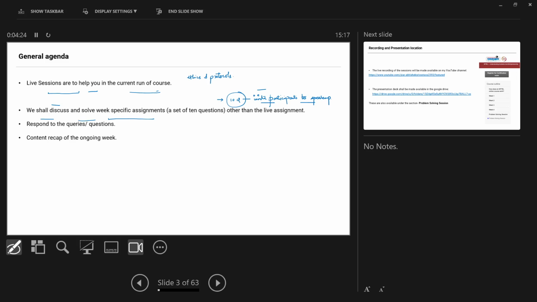Now, discussion forum is a very interesting functionality which you can avail using the ask a question tab, which is here. The moment you post a question in the discussion forum, everybody gets notified about it.